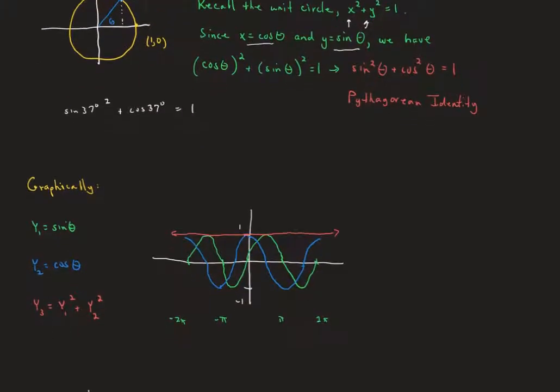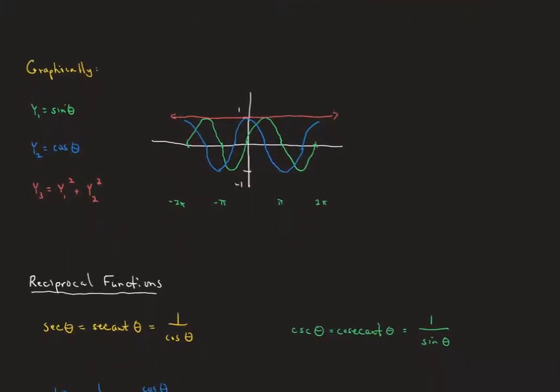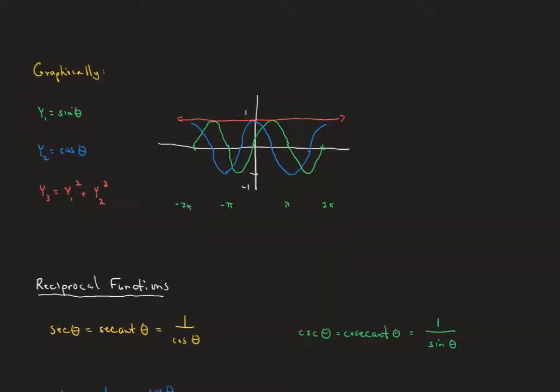So we can see this graphically. It's kind of neat to see on your graphing calculator. Make sure you're in radian mode. If you put y1 equals sine of theta and y2 equals cosine of theta, then for y3 you can say y1 squared plus y2 squared.